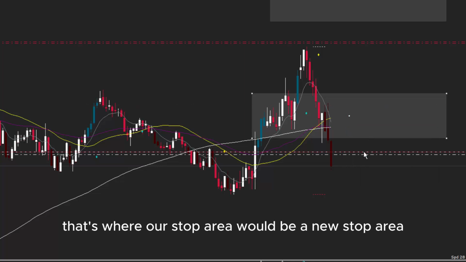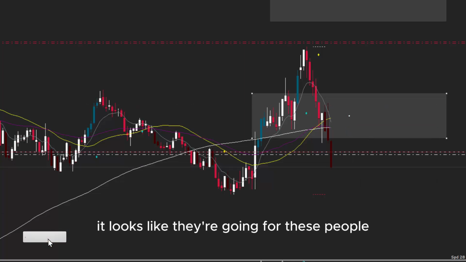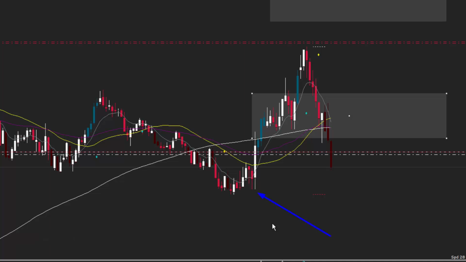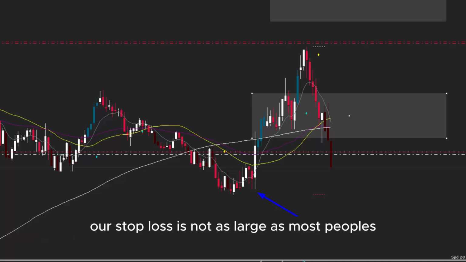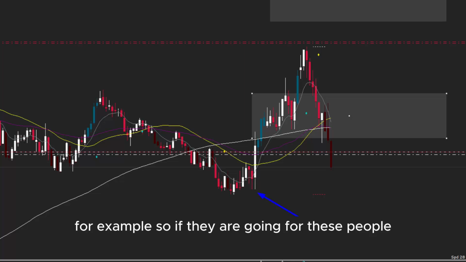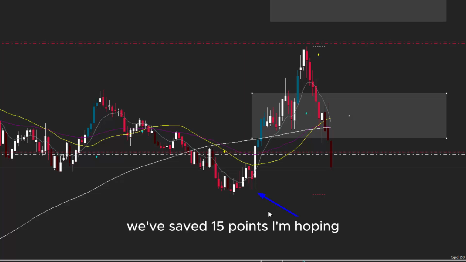It looks like they're gunning for these people very quickly, which would be our stop loss. But because our stop loss is not as large as most people's, instead of losing 30 points, we lose 15 points, for example. So if they are going for these people, we've saved 15 points.